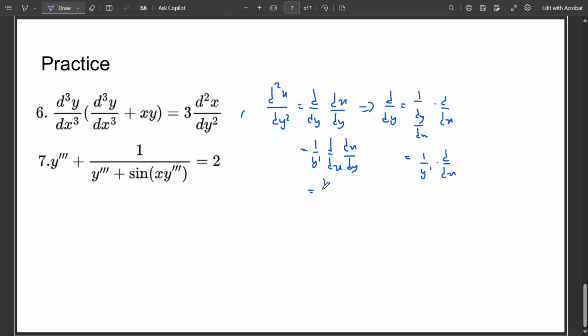Well, we can write dx by dy as y prime to the negative 1. If we differentiate this, we'll have 1 over y prime times negative y prime to the negative 2 with respect to x of y prime.